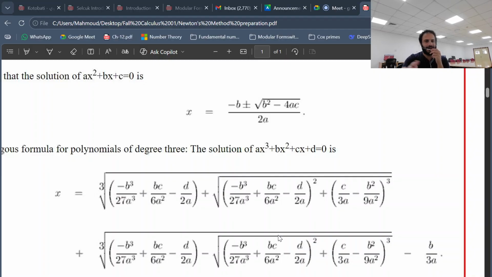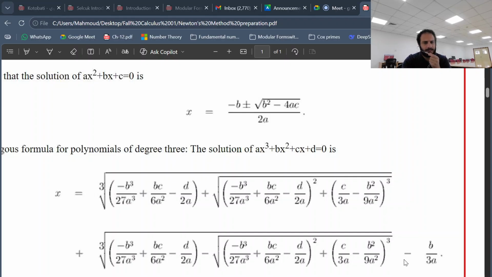I also studied the proof of this formula, but as I'm telling you, it's not good. We don't have a good formula for cubic, because this one is very complicated and you will not know the solution easily. These two cube roots are very complicated, even if you use a calculator.